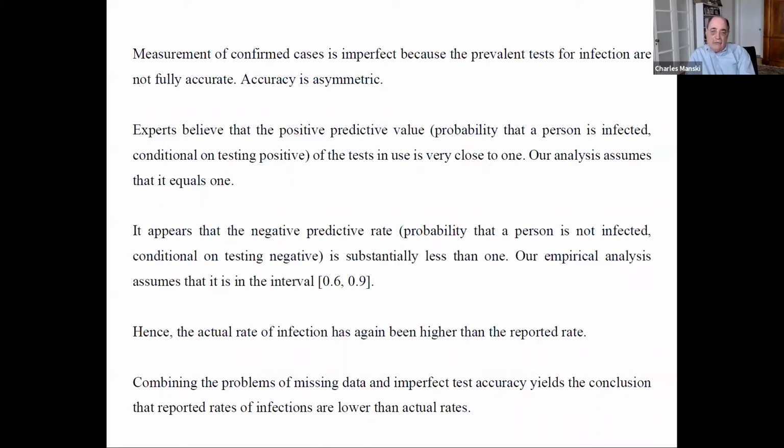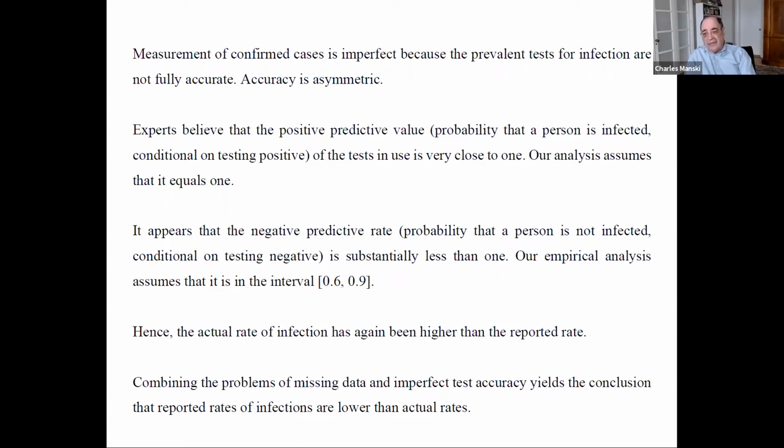There are two measures of accuracy we'll talk about. One is the positive predictive value. And positive predictive value means, if you did receive a positive test result, what's the chance that you actually have the disease? And the positive predictive value there seems to be consensus that that's very close to 1.